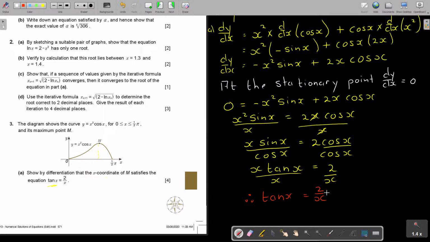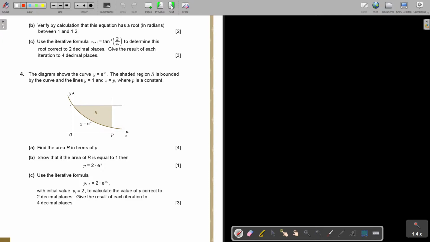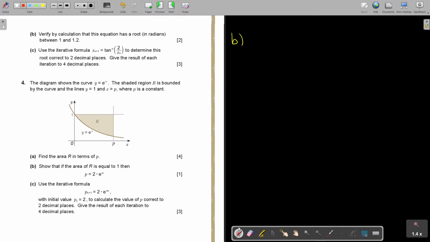I'm going to have to go to the next page to do number B, so let's just continue. This is number B. Verify by calculation that this equation has a root between 1 and 1.2. Don't forget, from the previous page, we had tan x equals 2 over x.